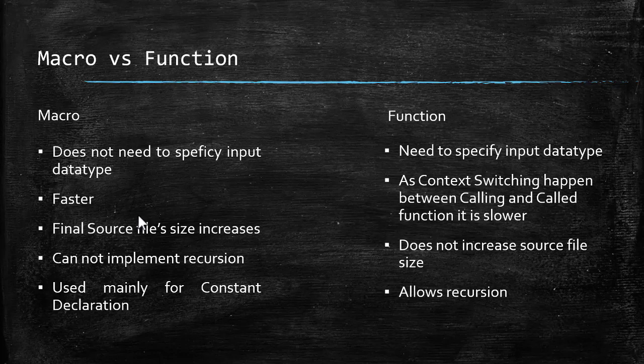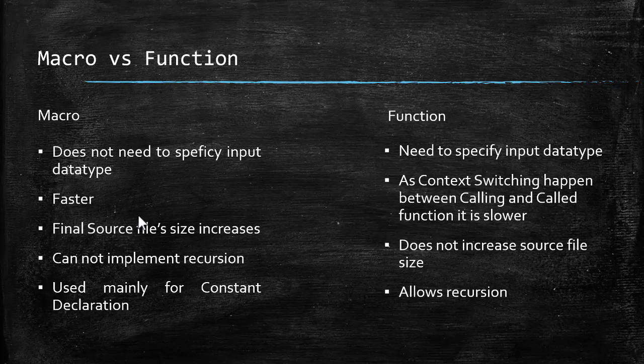The other reason is that functions support recursion, and we know that using recursion the function can implement tough logic in a simple way. But in case of macro, there is no way to implement recursion, and that is why we go for the function. So what is the actual use of a macro?